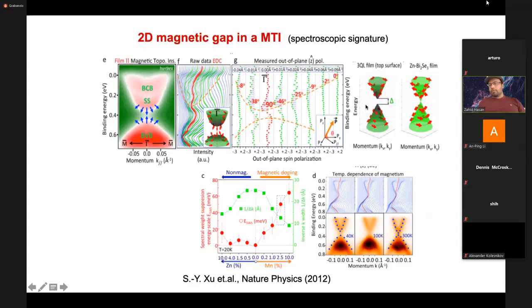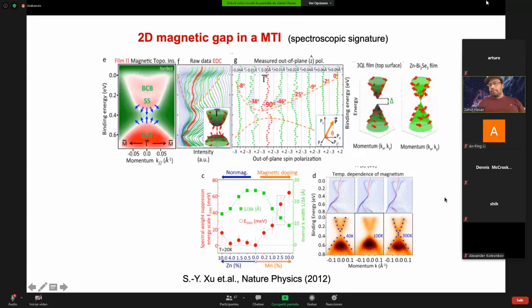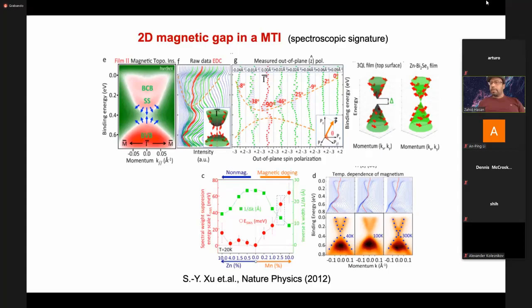But there are also extrinsic gaps. For example, if your thin film is too thin, then it could create a gap, but this will not create a hedgehog Fermi surface spin texture. So then you will know that this is a gap in a magnetic or even non-magnetic topological material, but it has nothing to do with a Chern gap.